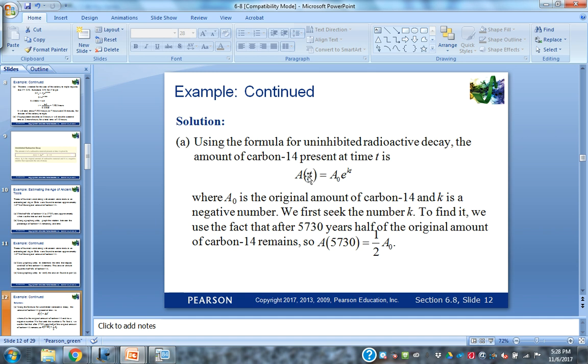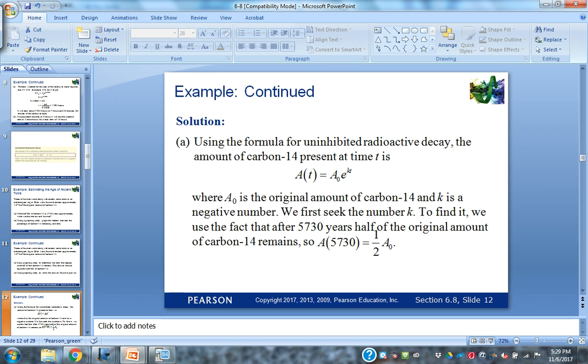Again, this part over here is just what your account worth is, what the amount in the bank account is. A sub 0 is how much you started with. E to the KT. K is your decay rate in this case. T is time. Time for us in this one is going to be in years, since they talked about the half-life being 5,730 years. So we know time is in years.